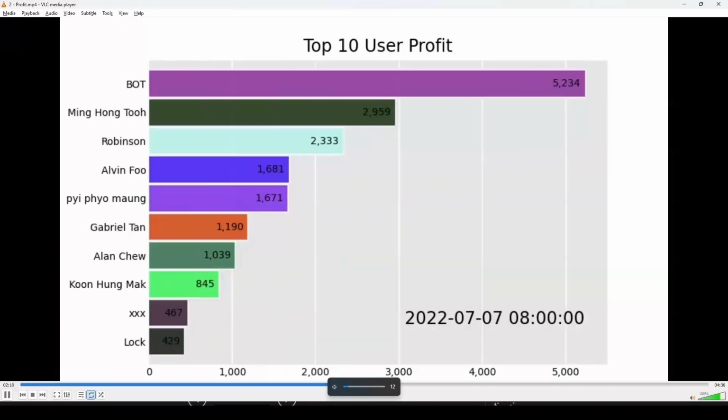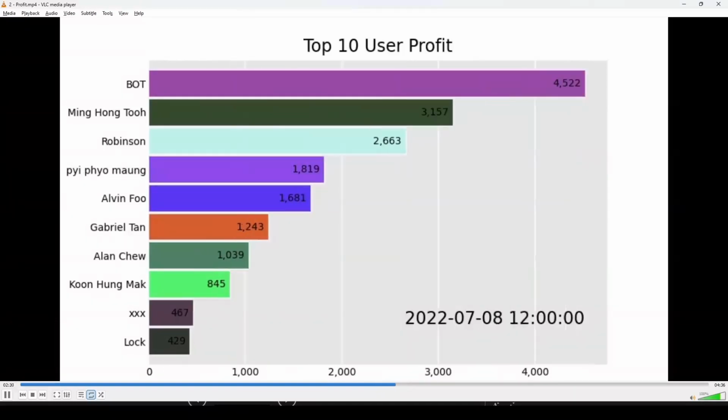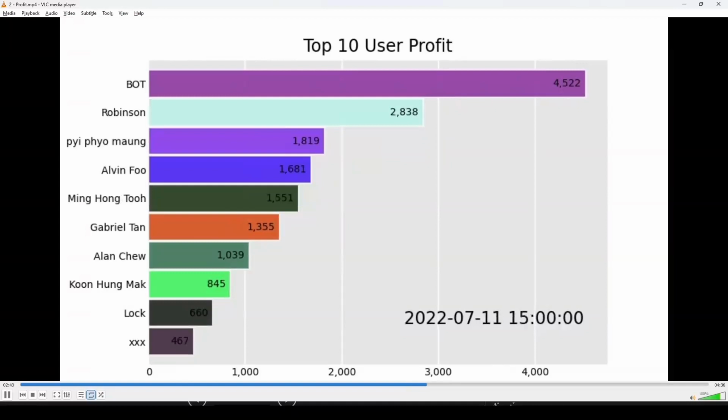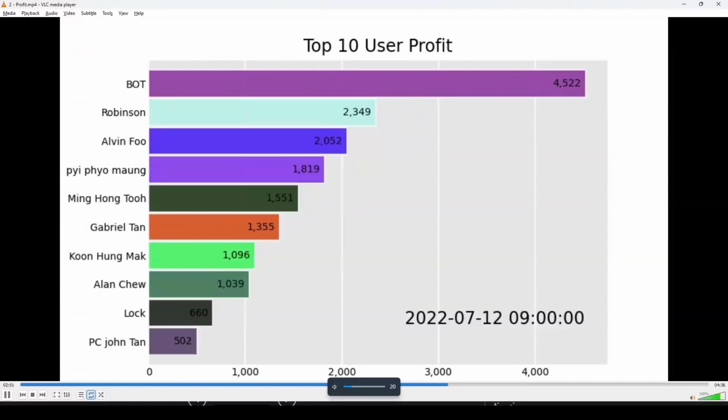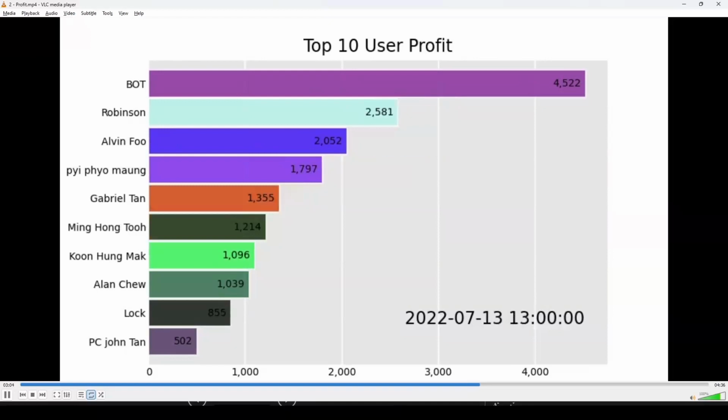In 2 weeks' time, you see, there are people that are already achieving $2,000 profit. But the majority of you guys are still below it. Gabriel, Allen. Gabriel, Minhong, Allen.